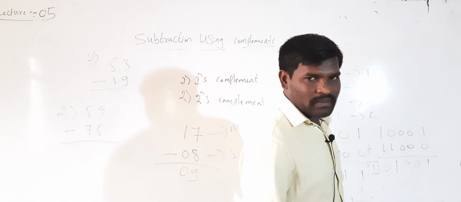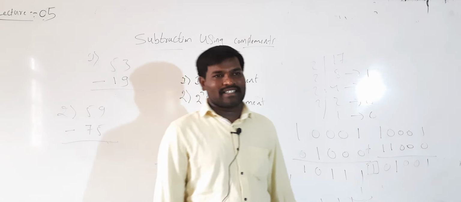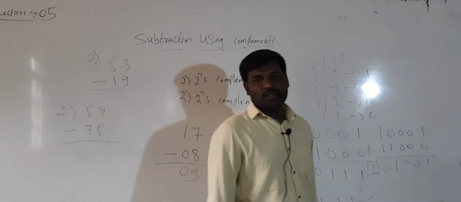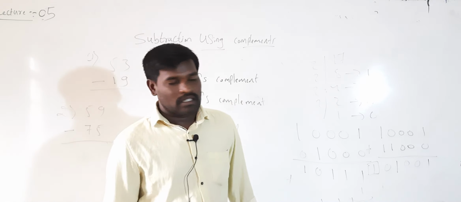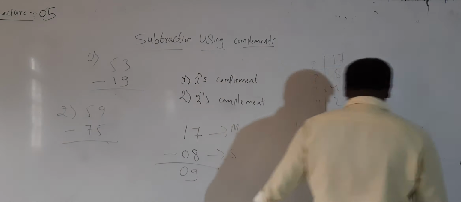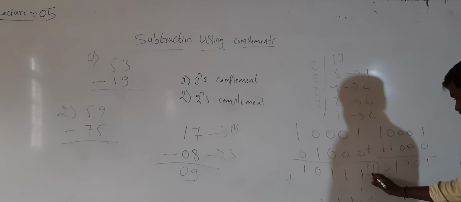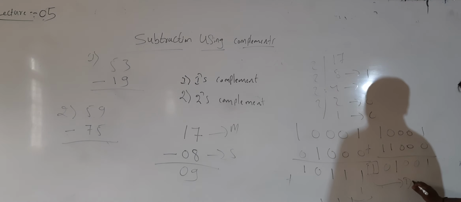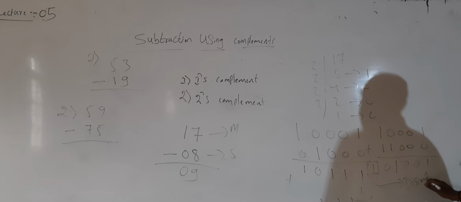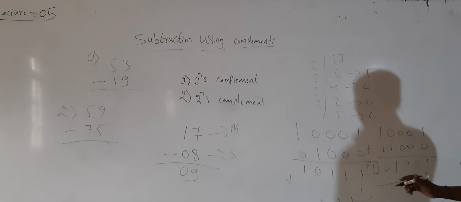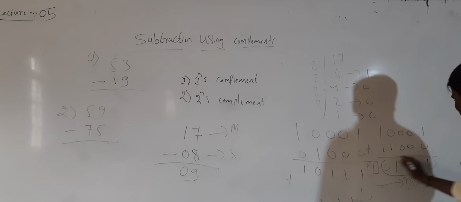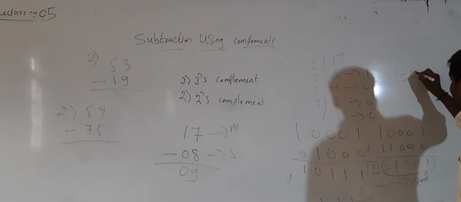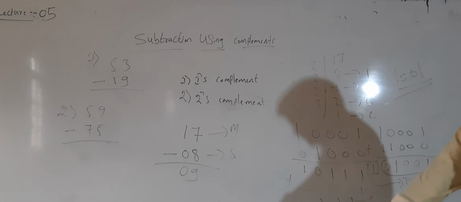In one's complement, if the carry is generated, that carry is added to the least significant bit. Here, if the carry is generated, you can just discard this carry. Discard means you can ignore the carry, and consider the remaining digits, that is 1 0 0 1. This is the final answer.